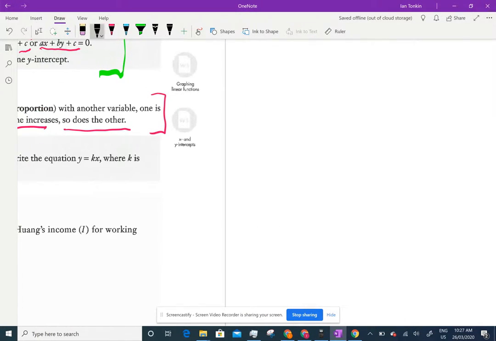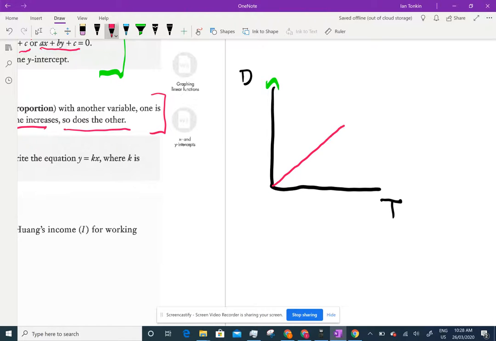So some examples of direct variation would be, okay, you're driving a car and you have distance and you have time, and you start at home and you travel away at a constant rate. Oh, that'll be the speed.